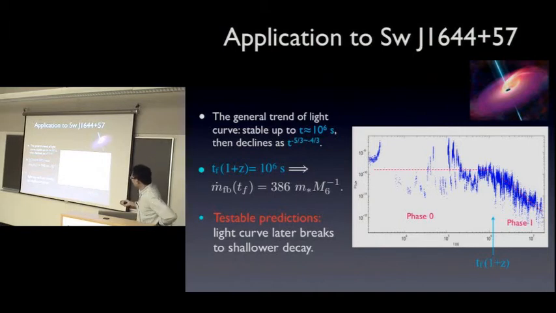And more importantly, our model predicts that the light curve should transition to a shallower decay at some time, which corresponds to the change between phase 1 and phase 2. So this event is still ongoing, so future observation can tell whether there is a transition or not.